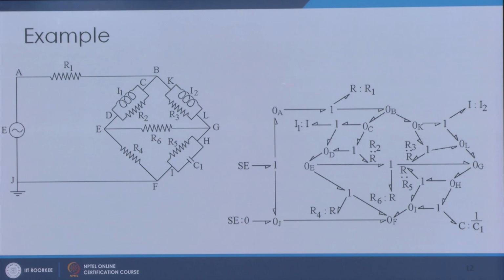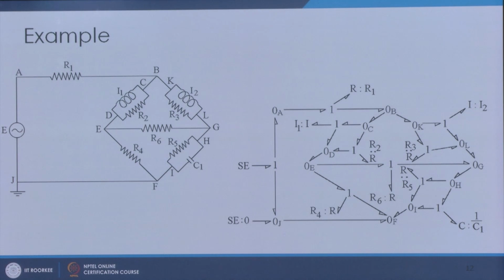The other end is B, so I mark 0 B. Then this end is C, so I mark 0 C, this end is D, so 0 D, this end is E, so 0 E, this is F, so 0 F, G here, so 0 G, H here, so 0 H, and I here, so 0 I. Similarly, here the K, so 0 K, and L, so 0 L. So, this way it is marked, and there is J here, so we mark 0 J.